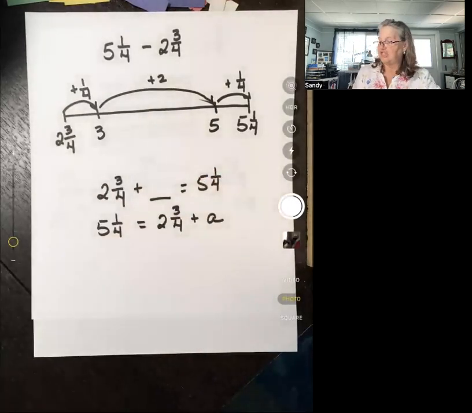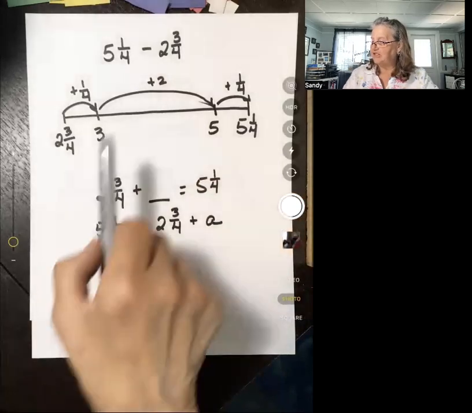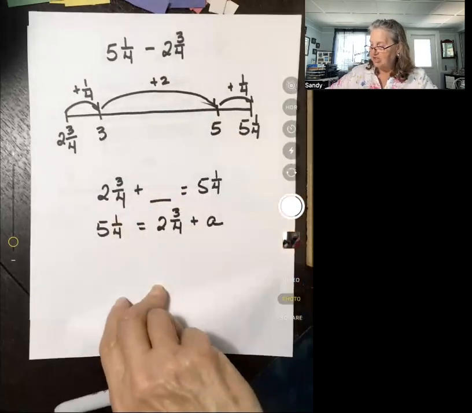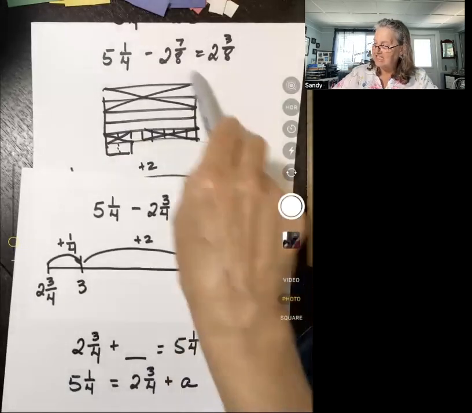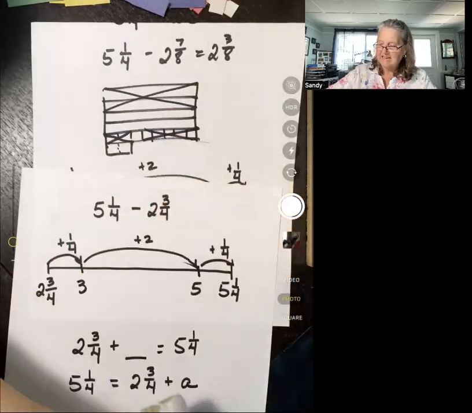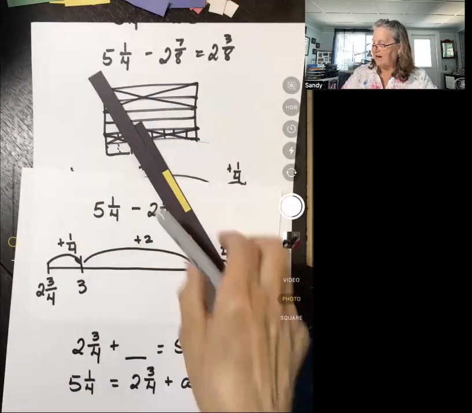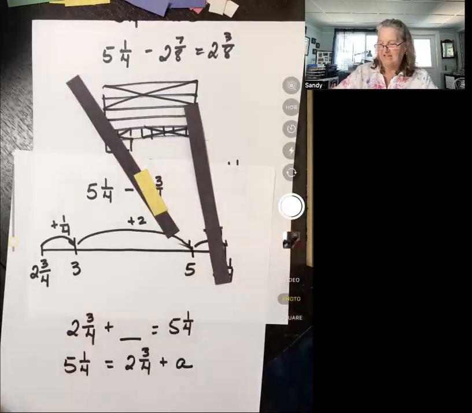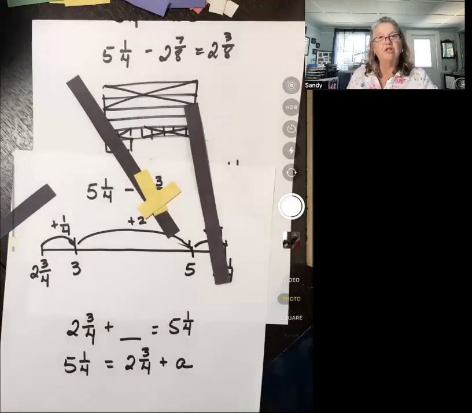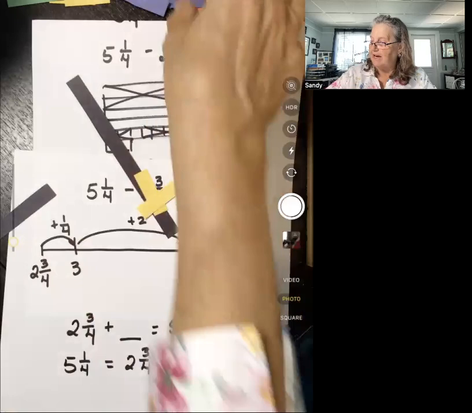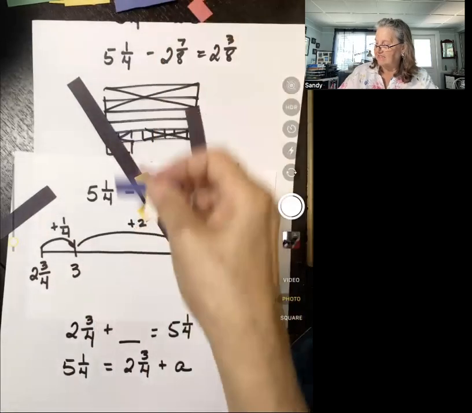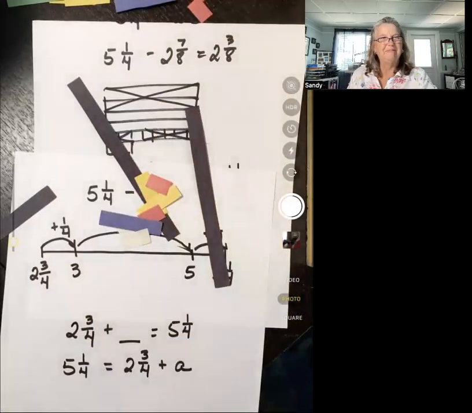It gives me strategies for getting that, and it keeps me understanding about the benchmarks and about the size of the units that connect me back to these fraction kit pieces, those models that we first make when we're working with fractions and looking at relationships between them.